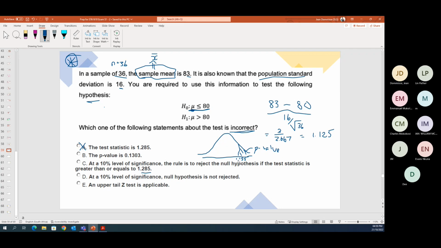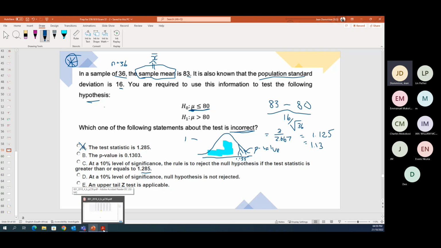So 1 minus this area will give you that. So let's go to 1.125. Now we should round that off to 1.13.